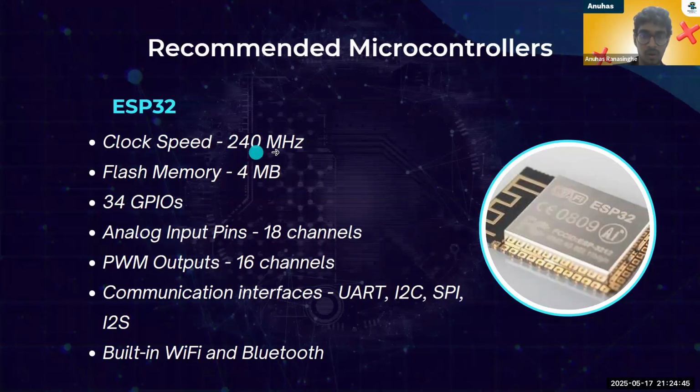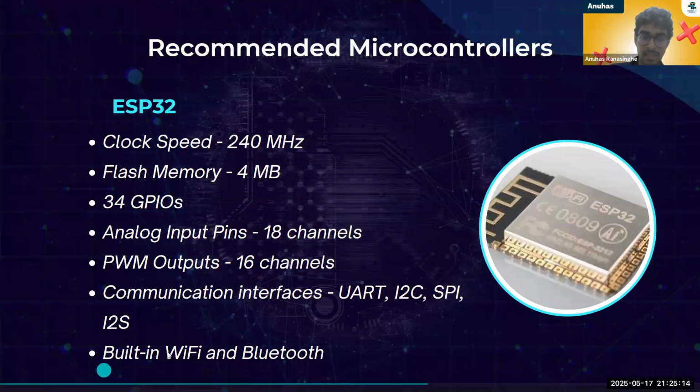It has a 240 megahertz clock speed and 34 GPIO pins, with analog input on 18 channels, and PWM on 16 channels. Unlike the Atmega 328P microcontroller, this one doesn't define pins as analog or PWM pins. We can use those pins for that purpose as well.